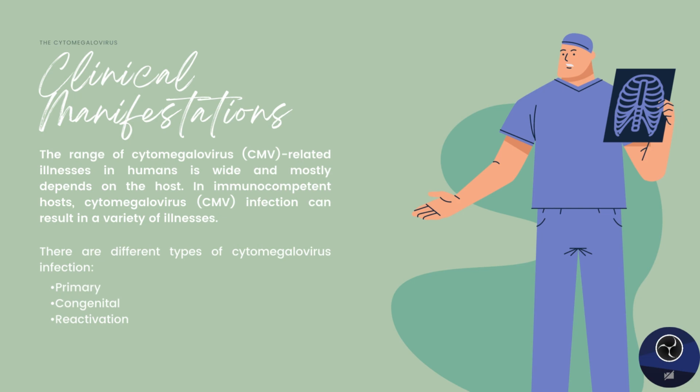Followed by the congenital. It is when the baby inherited CMV infection from the mother during birth. And lastly, reactivation. It is an infection that has been dormant and can reactivate once their immune system is weakened. And the perfect example for this one is the HIV.